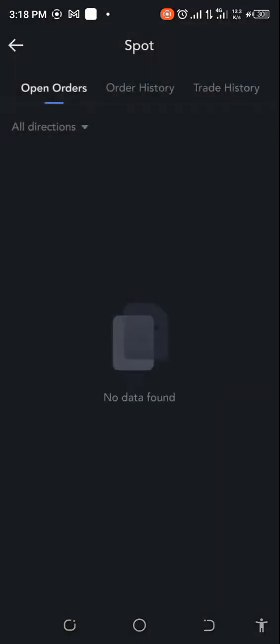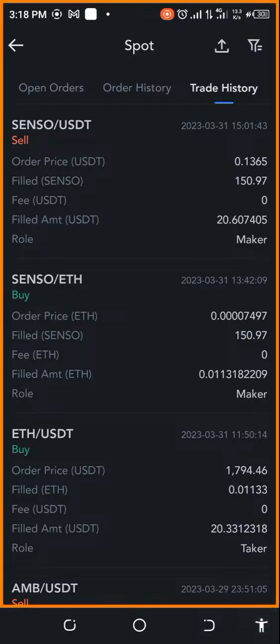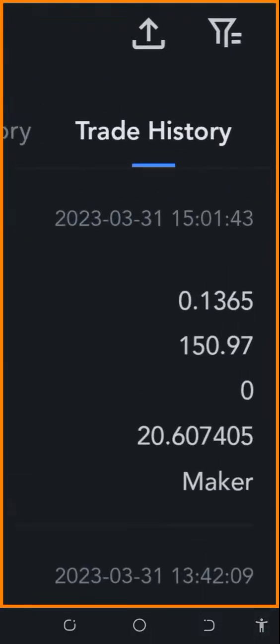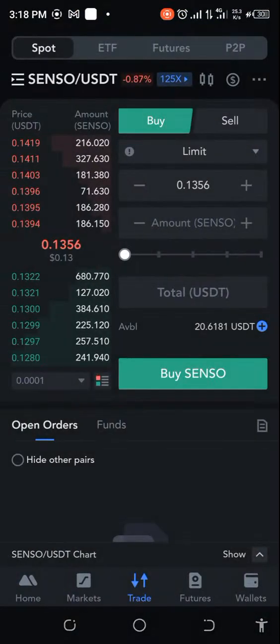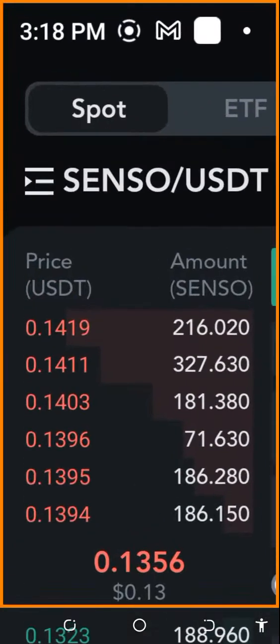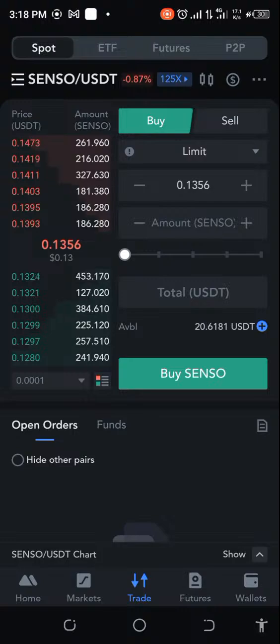If I take a good look at the trade history, when did we set that sell limit, and then within how long? It didn't take so long, just about maybe 30 minutes or 1 hour, and we're done.